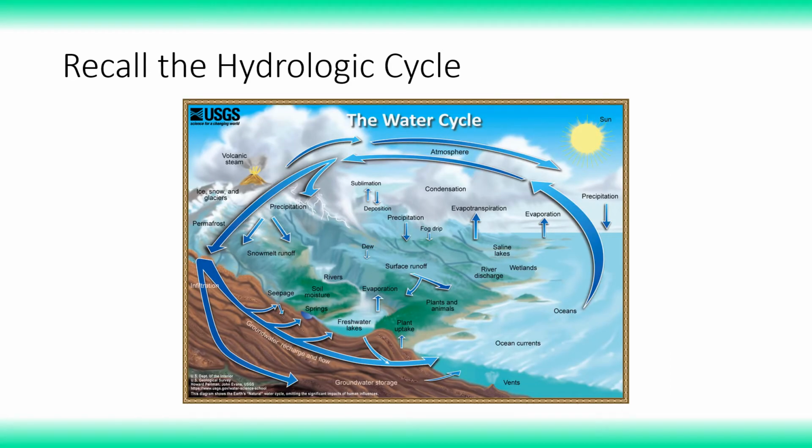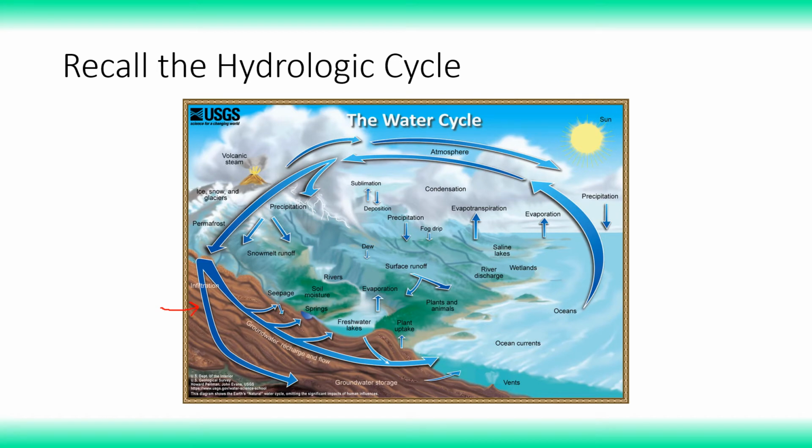And of course, we talked about the hydrologic cycle in the last lesson. Now we can see from this diagram and from what we talked about in the last lesson that there is a connection between the water cycle and the rock cycle in that sometimes we have water interacting with this subsurface with the material on the surface.